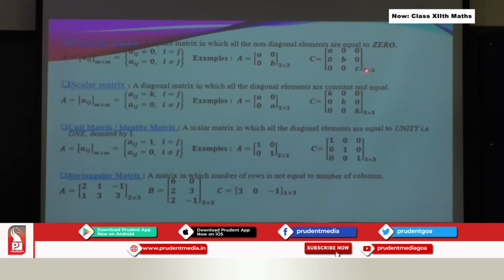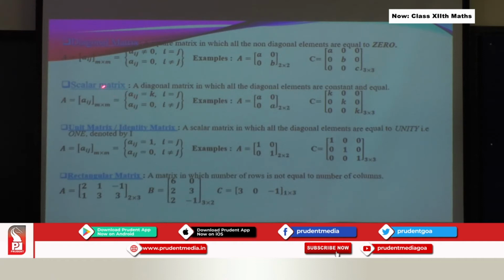In the same way, if you consider here the square matrix of order 3, if you look at this, A11 as a, A22 as b, A33 as c, but all non-diagonal elements, that is here A12, A13 and similarly A21, and here you can see this as well as these two, these are 0 entries. Let us proceed further.